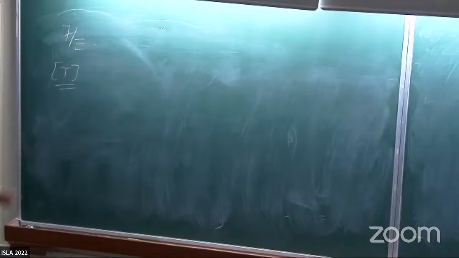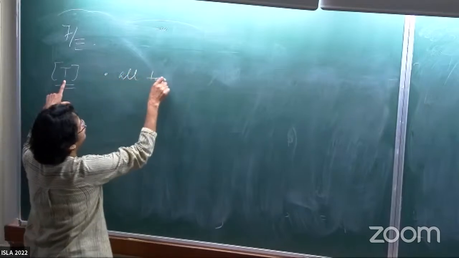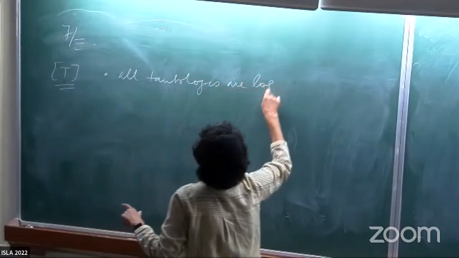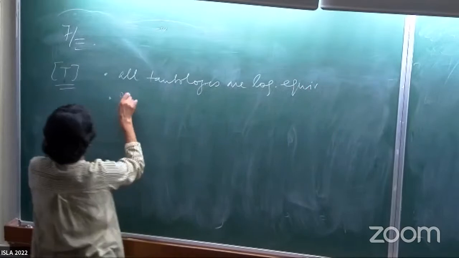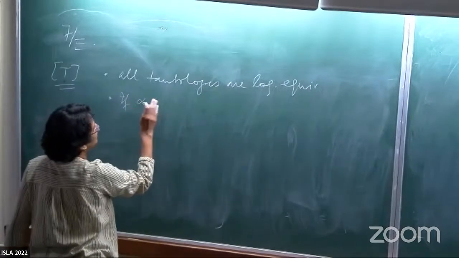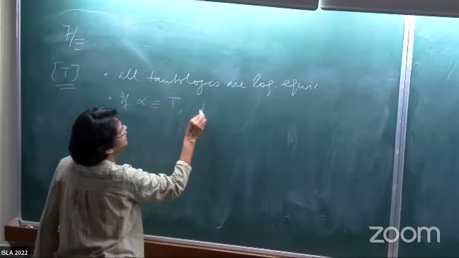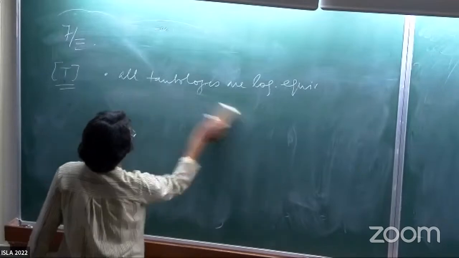So the two things we are saying are that all tautologies are logically equivalent to each other, and if alpha is logically equivalent to a tautology, then so what are we saying here?